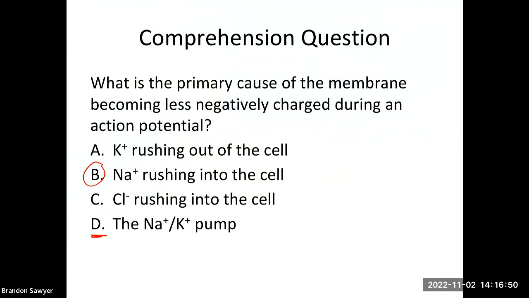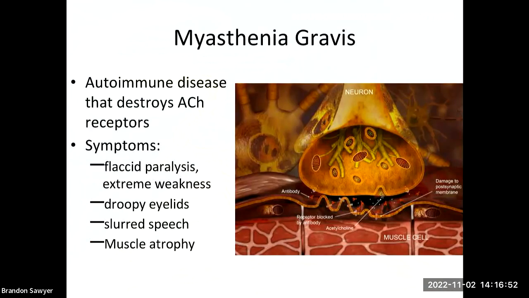Okay, well, let's talk about just a few pathologies associated with the neuromuscular junction. Number one is an autoimmune disorder called myasthenia gravis. Myasthenia gravis is when our immune system, for some reason, starts recognizing our acetylcholine receptors as a foreign invader, and so attacks those acetylcholine receptors and destroys our neuromuscular junction.